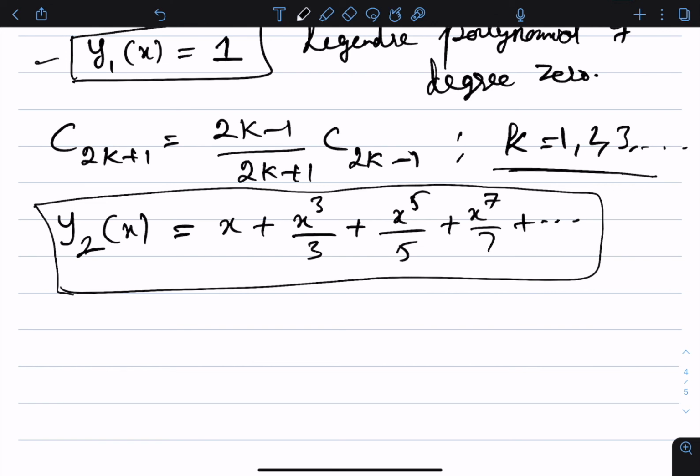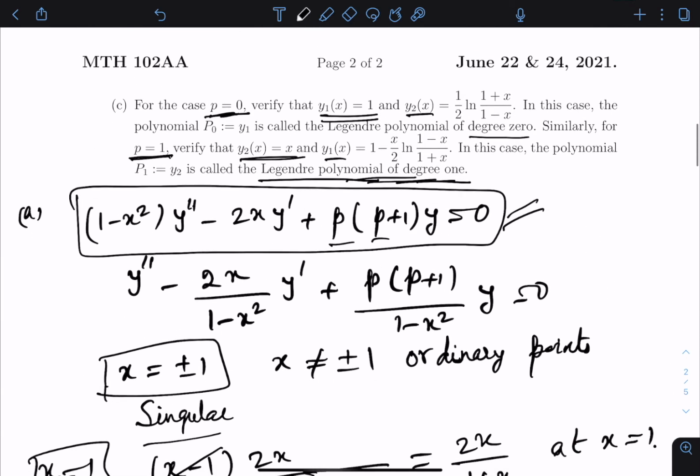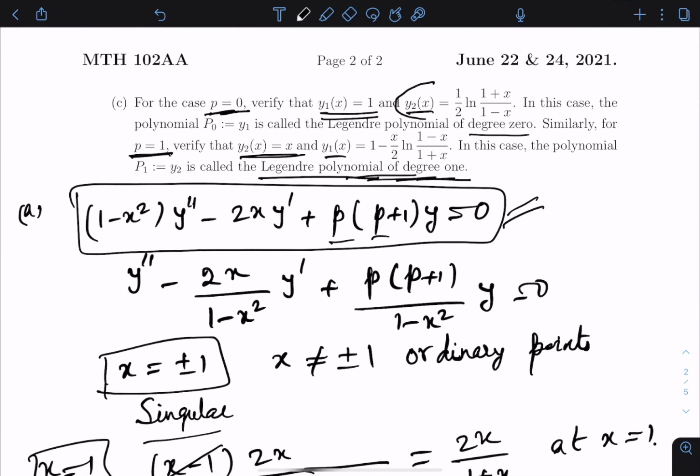But that's now a series. In the problem, if you notice, y2 is given in terms of log.